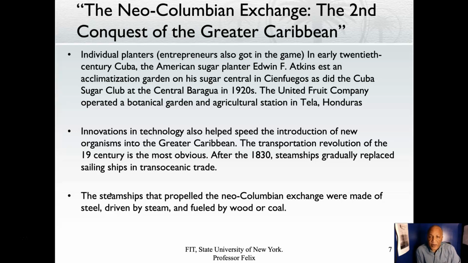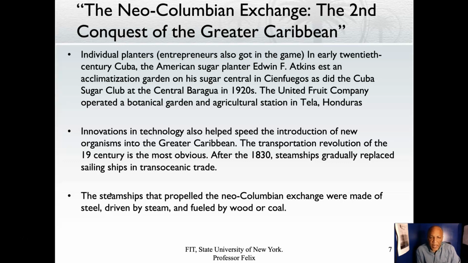Cuba being the largest Caribbean territory, they were able to use much of the land there for that kind of experimentation with sugar. And this American planter, Edwin Atkins, established an accumulation garden in Cienfuegos in Cuba, and so on and so forth.